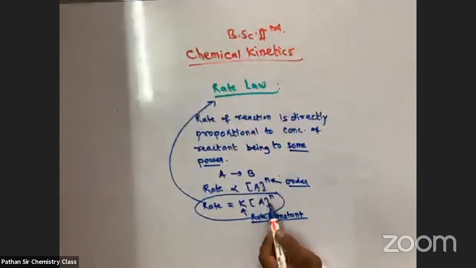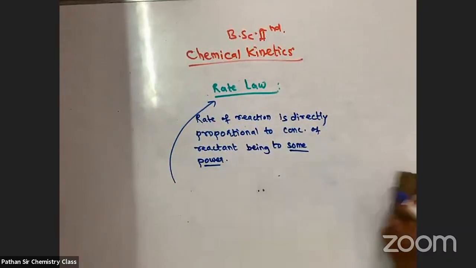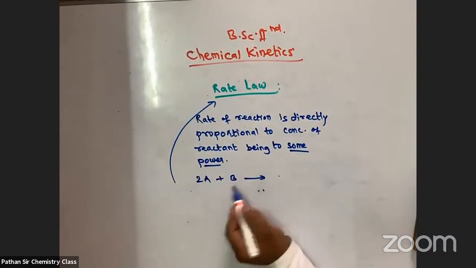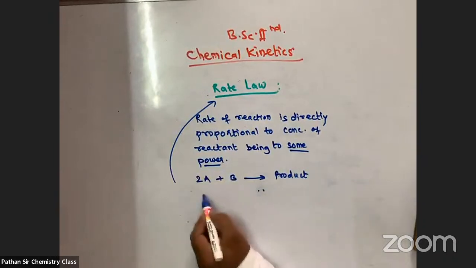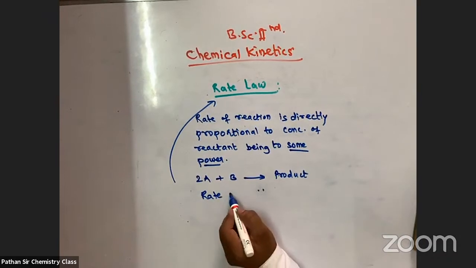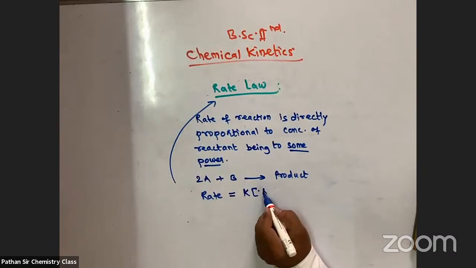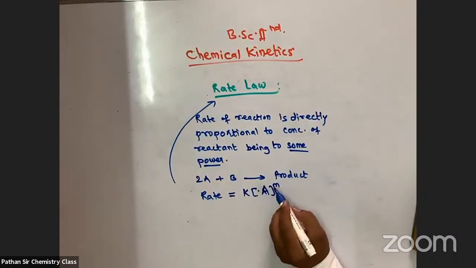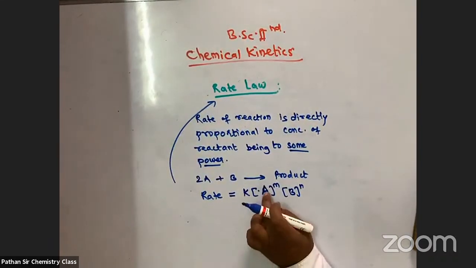Let us see, for example, you have a reaction, say 2A plus B gives product. Now the rate of this reaction is given as, say, rate is equal to k into concentration of A to the power m and into concentration of B to the power n.